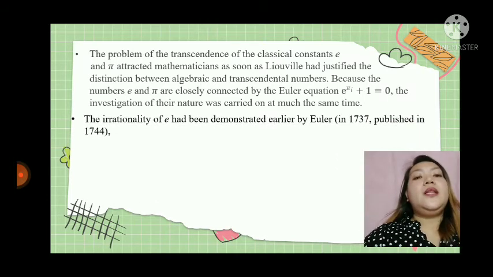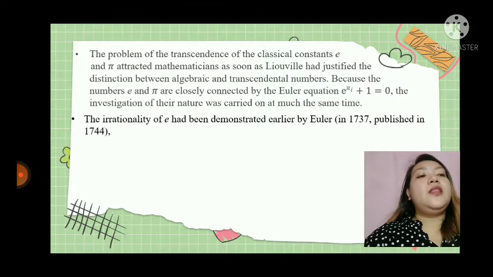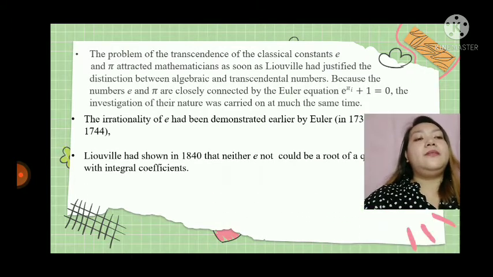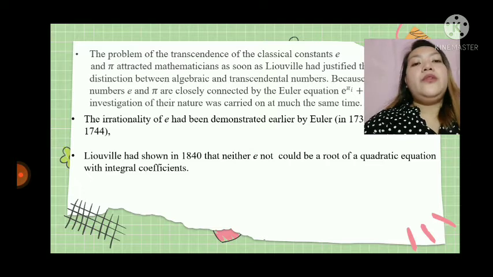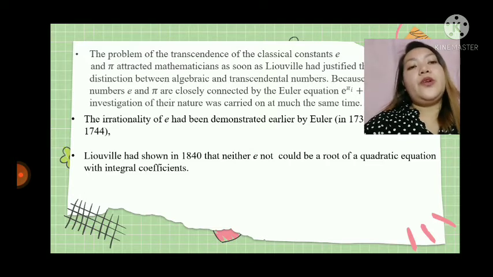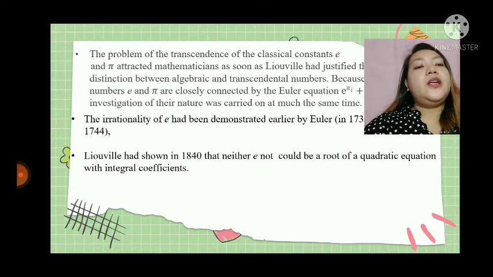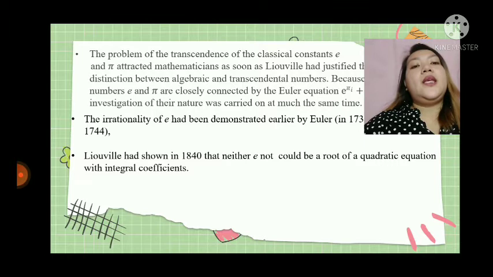The irrationality of e was demonstrated earlier by Euler in 1737, published in 1744. Liouville had shown in 1840 that e could not be a root of a quadratic equation with integral coefficients.